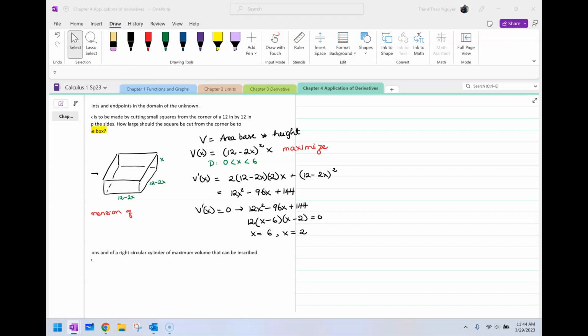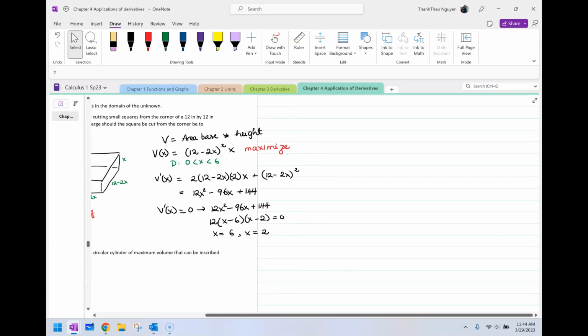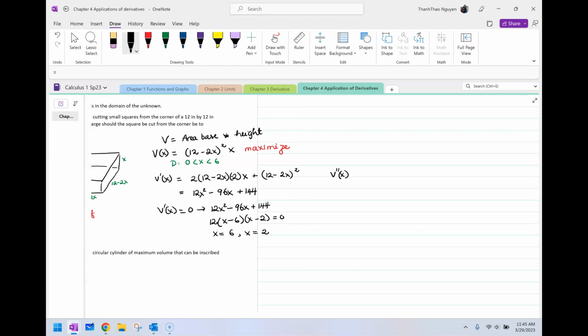And let's take a look at V double prime of x. V double prime of x equals 24x minus 96.